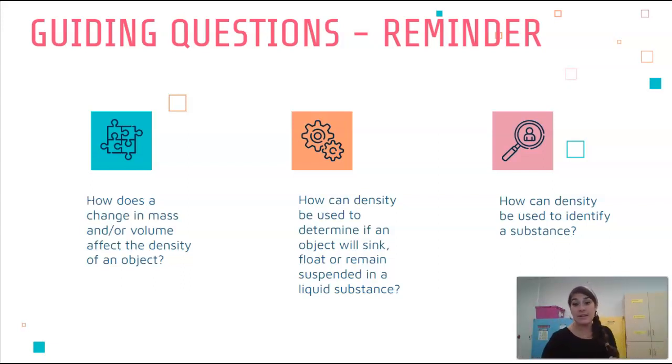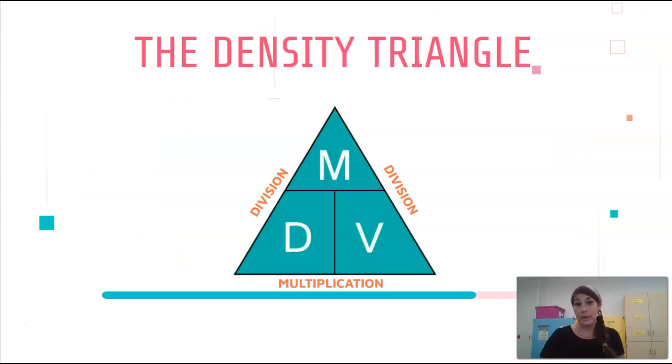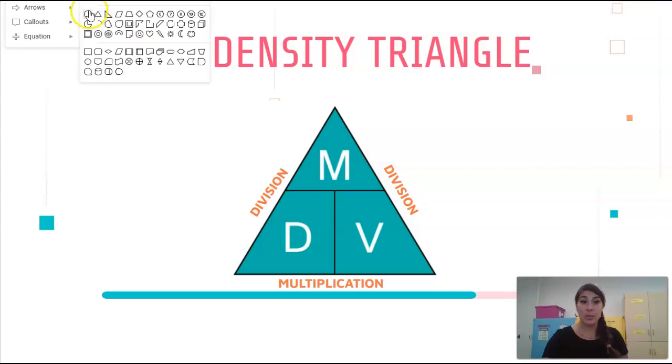Next, it says, how can density be used to identify a substance? So we are going to take a look at that one today. Also, we've done a little bit of math with it, but I want to really dive in and explain how that's going to work. When we are doing our math, it's a good idea to keep in mind our density triangle, right? So remember the way this thing works is that you cover up the one that you are wanting to solve for.